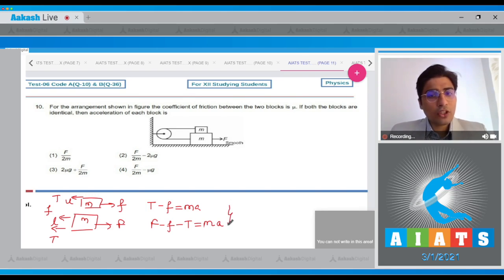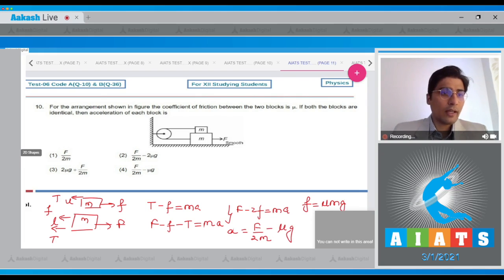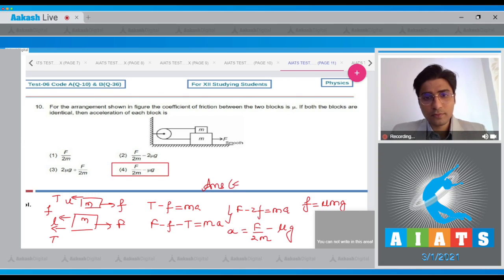If we add these two equations, we get F minus 2 small f is equal to ma, or acceleration to be equal to F by 2m minus mu g, as we put f to be equal to mu mg. And therefore, for this question, the correct answer should be option number 4. Now let us move to the question number 11.